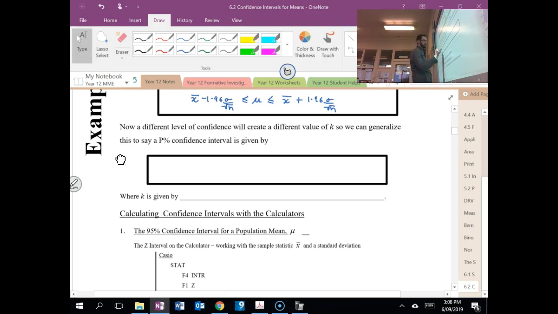So our percentage confidence will determine our value for K. Because 1.96 was dependent on the 95%, if I want a different percentage, I'm going to have a different value there. So I'm just calling it K for the moment.